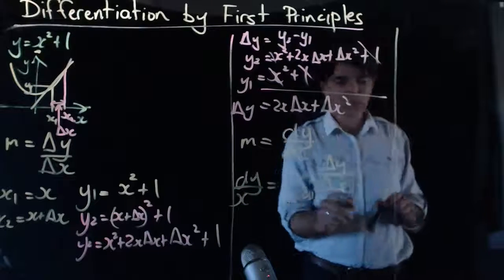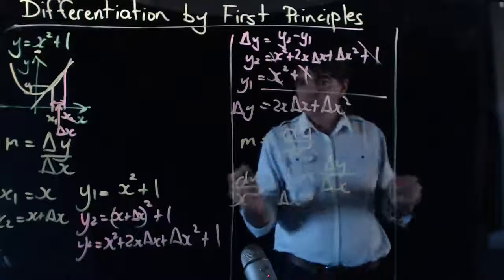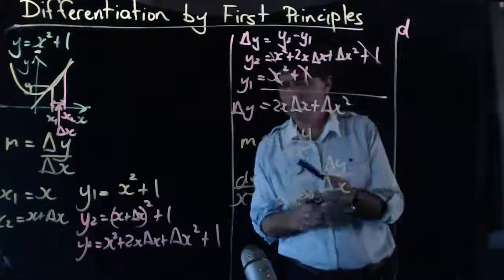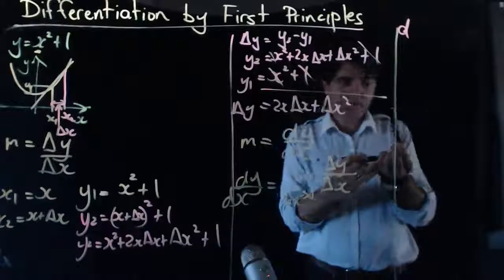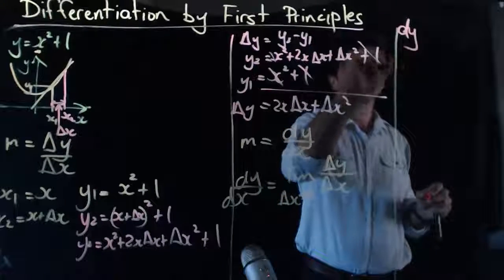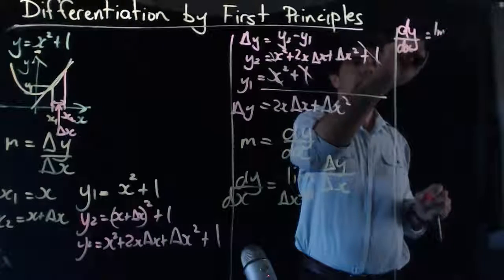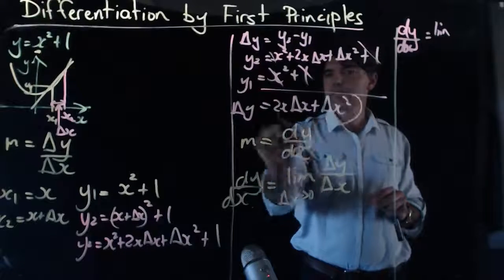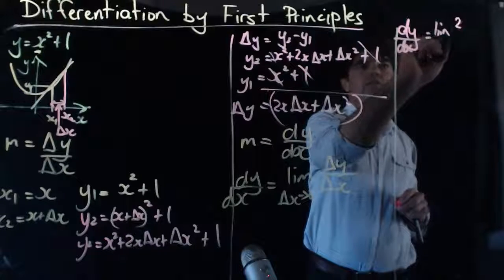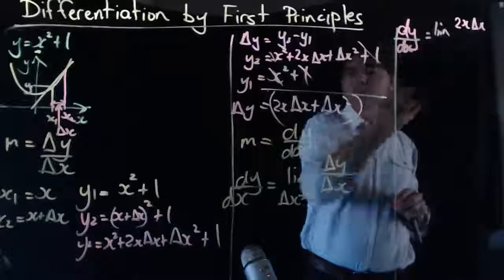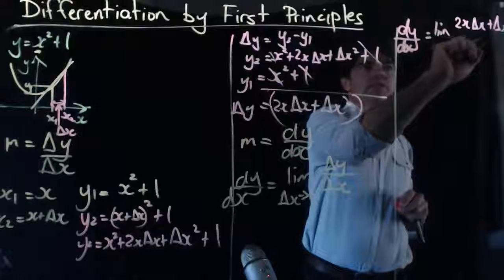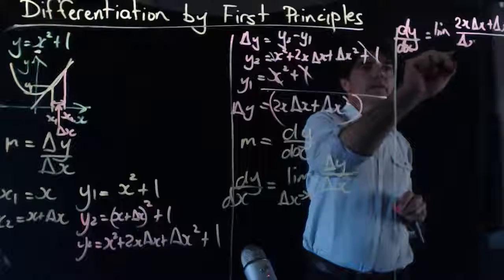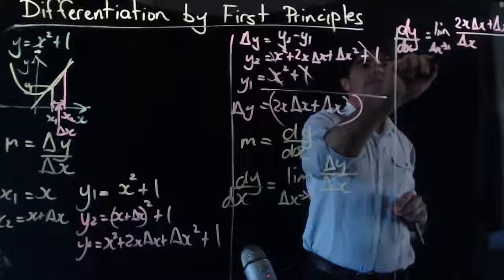Well, let's have a closer look at that idea. dy over dx equals the limit of delta y, which we found to be 2x delta x plus delta x squared, divided by delta x, as delta x approaches 0.